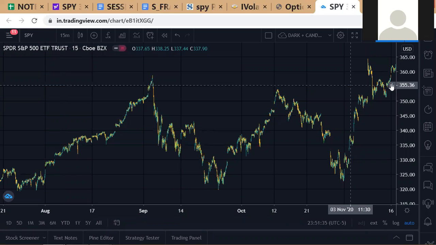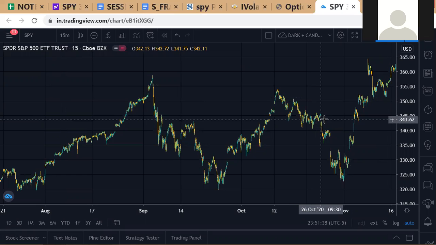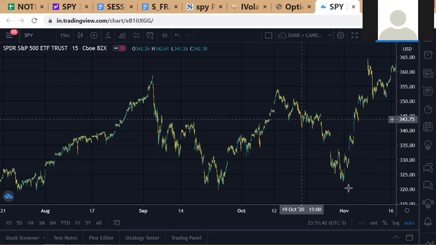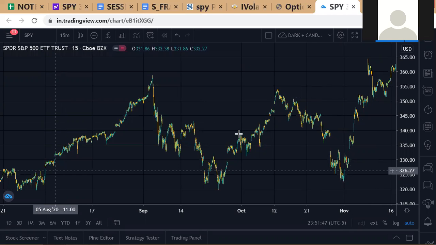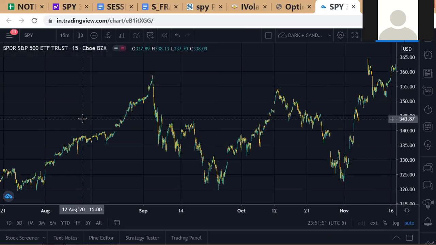So it trades like a stock, but it's actually not a stock. You can think of it as a passively managed mutual fund, which is a basket of stocks that is going to mimic the performance of the S&P 500. So this is the underlying asset price when we are discussing SPY options. Right now it is around 363.